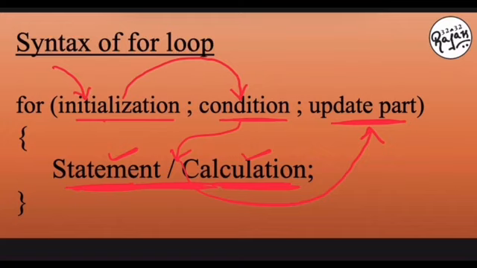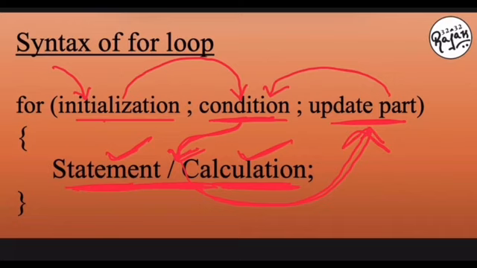With that changed value, again it will be directed to the condition part. The condition will be checked again, and if the condition is true, again you are allowed to get inside the body and you will reach the statement or calculation part. Again you will perform the statement or calculation. From here again you will be sent to the update part, and again the value of the variable which is running the loop will be changed, either increased or decreased depending on the logic of the program.